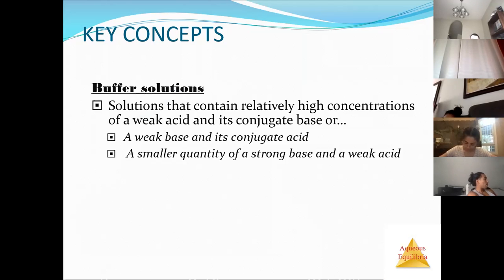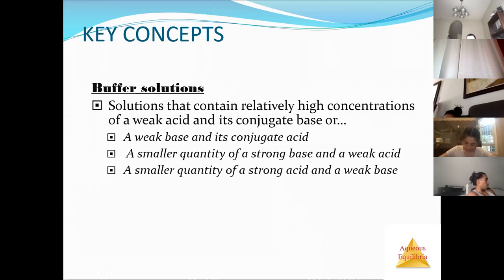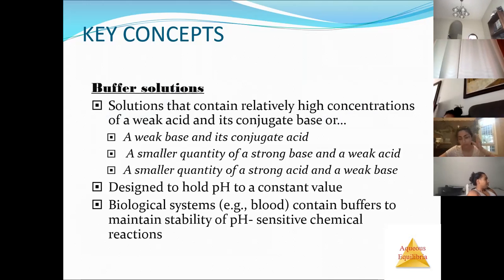This also will make a buffer. Or if you have a strong acid with a weak base, the strong acid reacts with the weak base to make the conjugate acid. They're designed to hold the pH to a constant value.